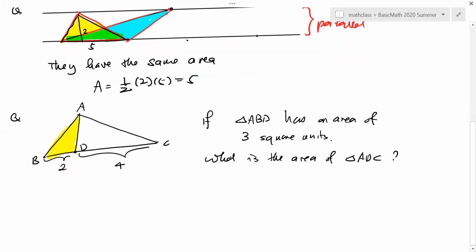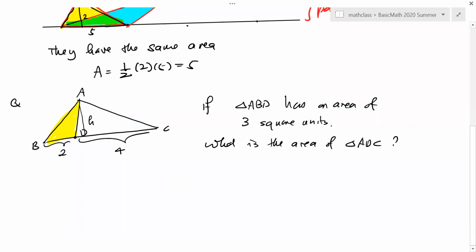Now, how do you solve this problem? You look at the triangle on the right-hand side. You are given the base, no problem. The only problem is, what is the height? These 2 triangles have the same height because they share the same vertex.